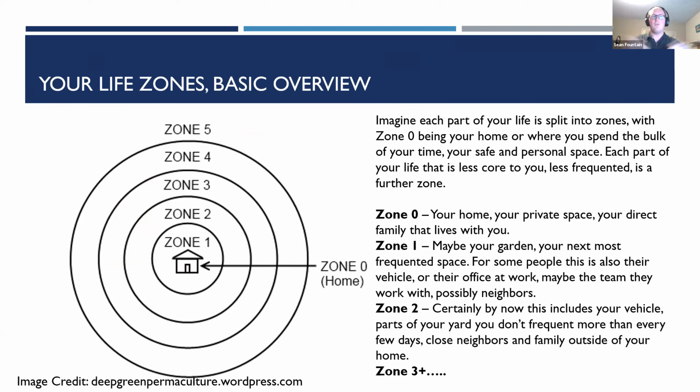As the zones go further out, they're less important in your daily life, but it's not that they don't exist. We're talking seventh principle stuff here. Everything is interconnected, and even something you only interact with once a month is still part of your life, and it affects you sometimes much more directly than you realize.